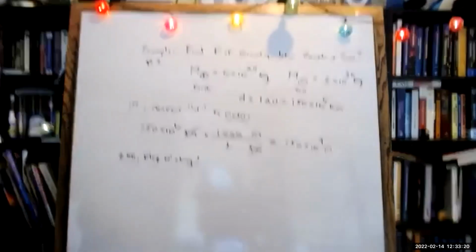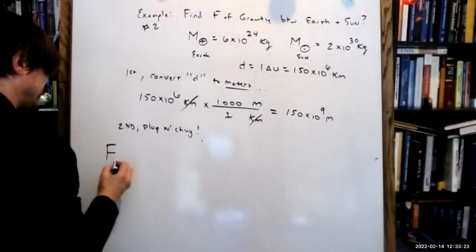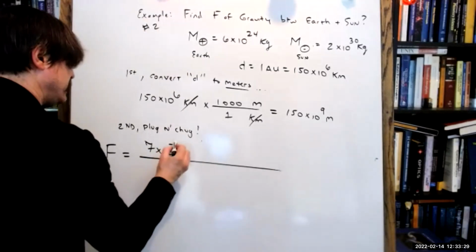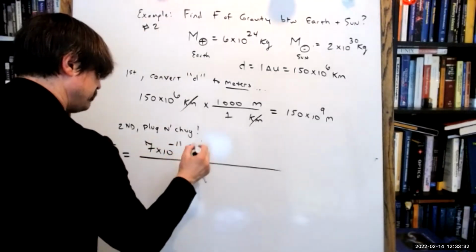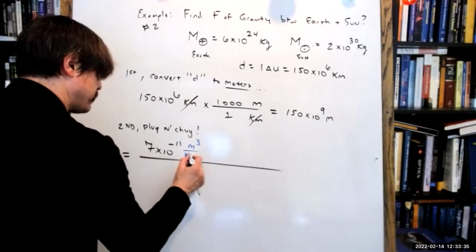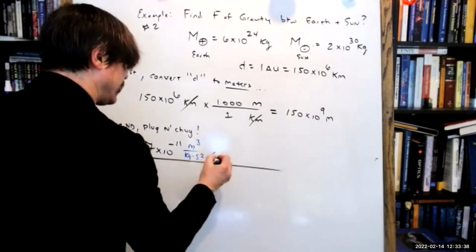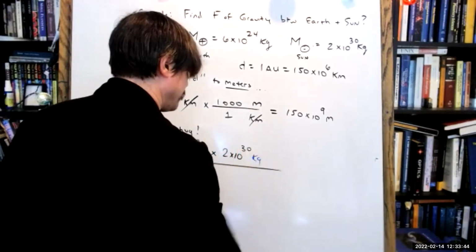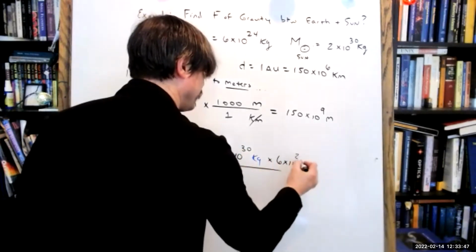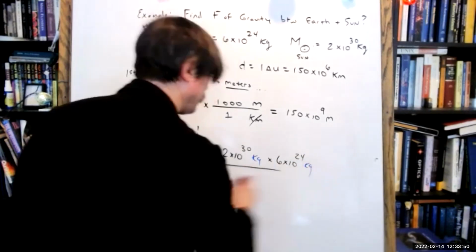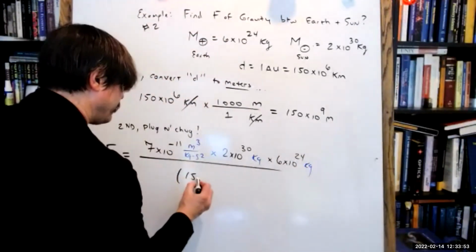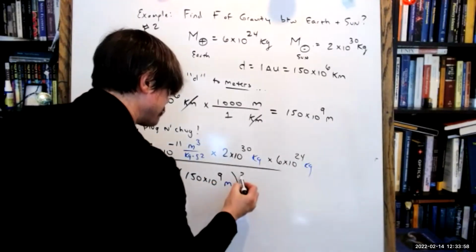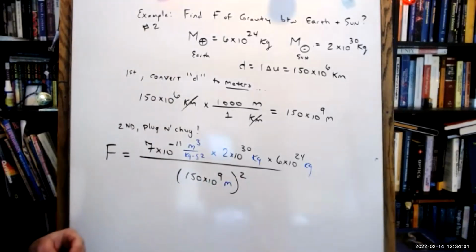Okay, second step is plug and chug, just like before. The force between the sun and Earth is 7 times 10 to the negative 11 meters cubed per kilogram per second squared times, let's say, the mass of the sun, doesn't matter which is first, 2 times 10 to the 30 kilograms, times the mass of Earth, 6 times 10 to the 24 kilograms, divided by 150 billion meters squared. Okay, plug and chug, students. You saw me do it before.